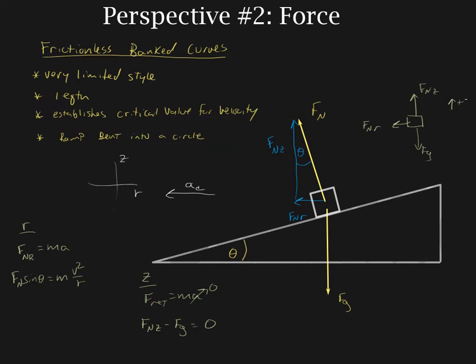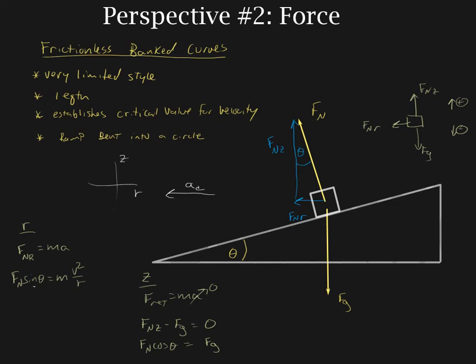So up is going to be positive, and down would be negative. And that's how we get Fnz minus Fg. So Fnz is this side of our right triangle. And so that component's going to use the cosine function. So we would just write Fn cosine of theta is equal to Fg.